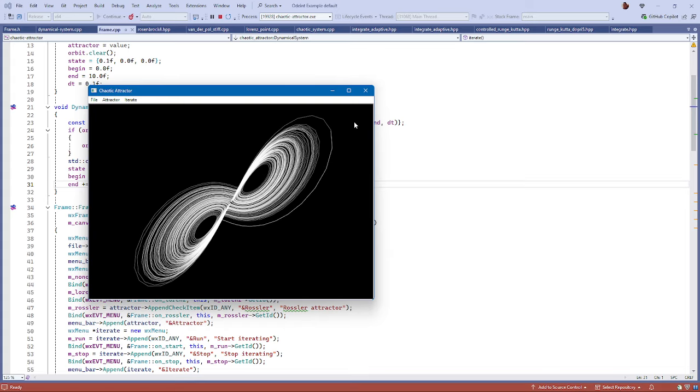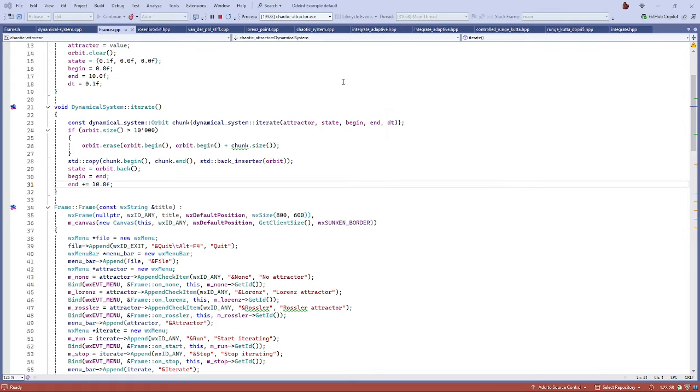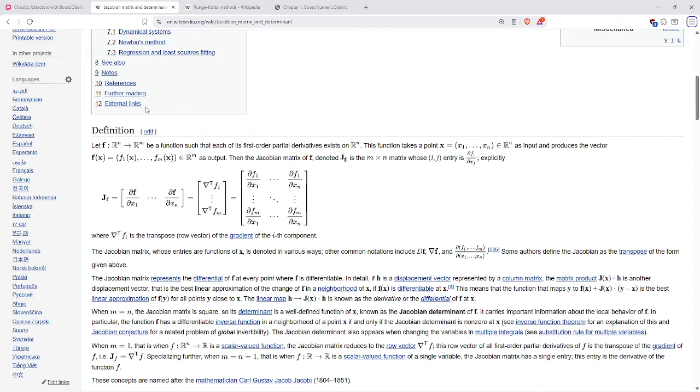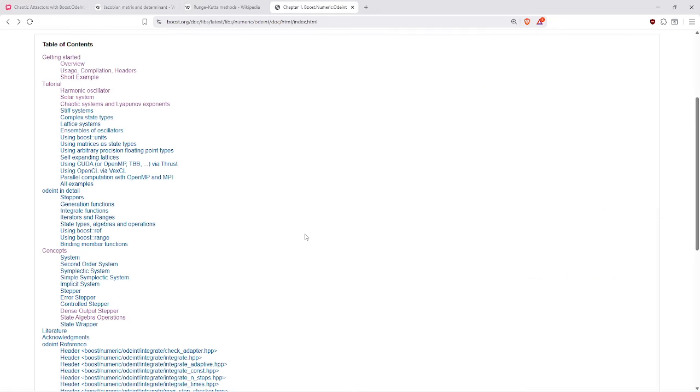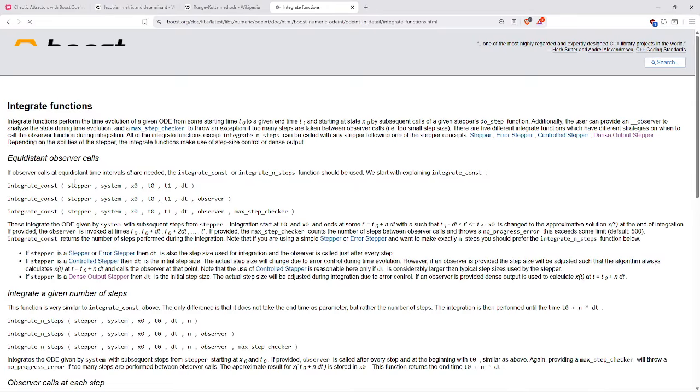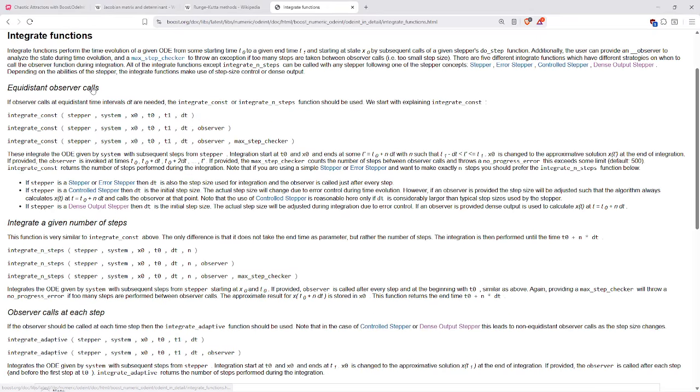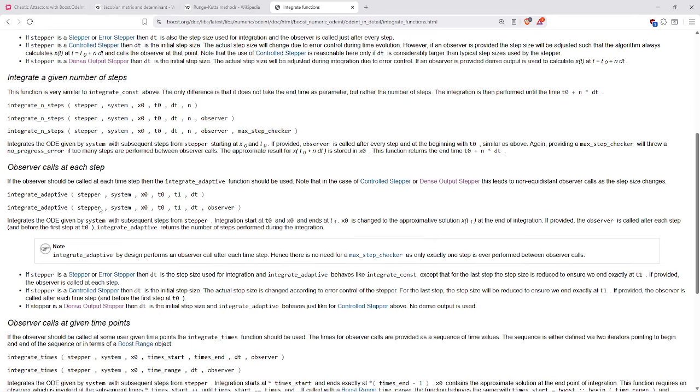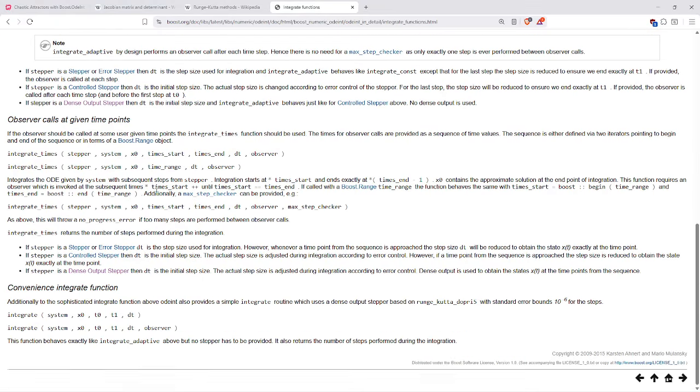And the way you're going to use boost.odeint to suit your use case is, we'll go back over here to the library, and you're going to choose your stepper in order to get the best fit for your use case. What you find out is that the actual integration, these integrate functions: equidistant observer, integrate a given number of steps, observer calls at each step, observer calls at given time points.